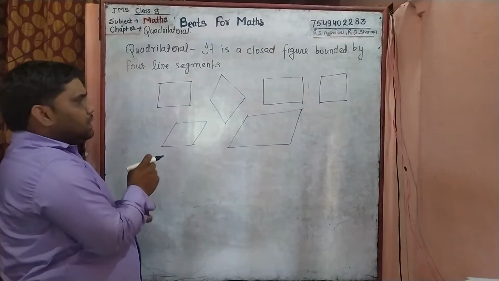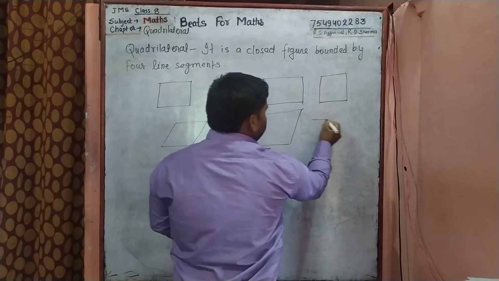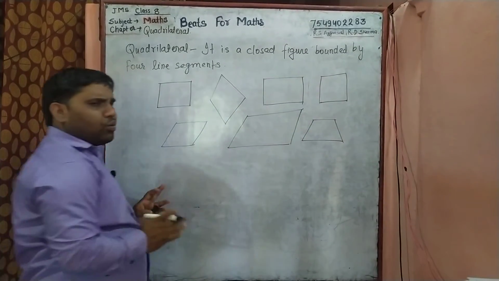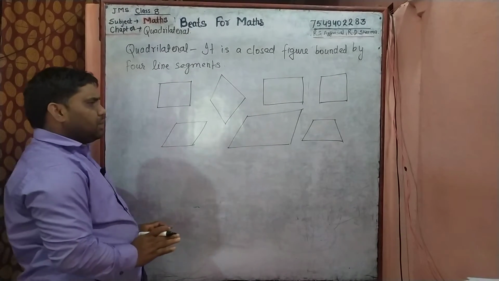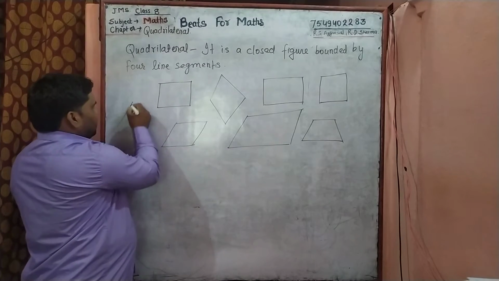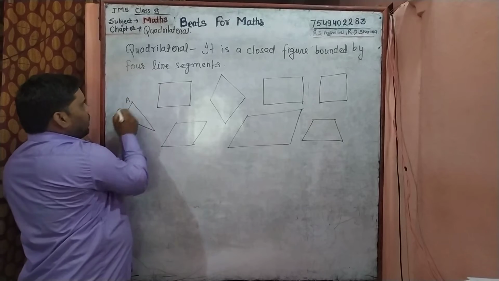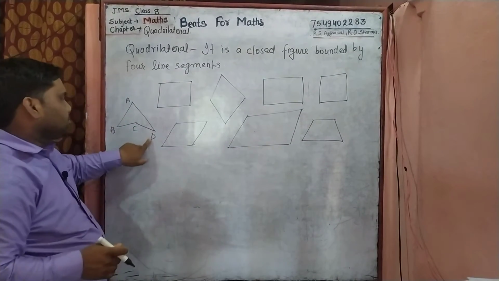These all are examples of quadrilaterals. Any figure made up of only four line segments is a quadrilateral. This figure is also a quadrilateral and made up of four line segments.